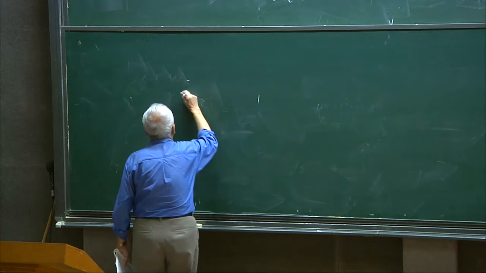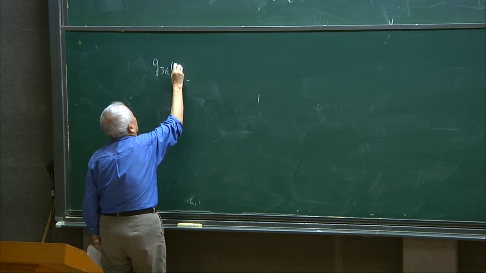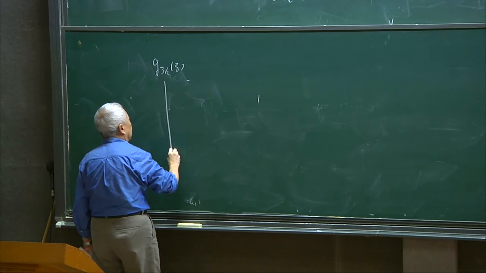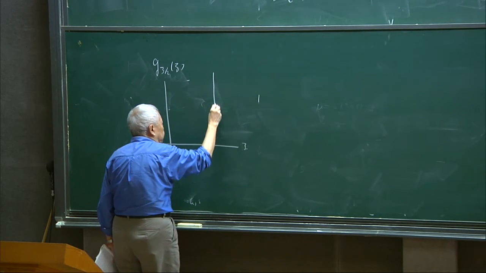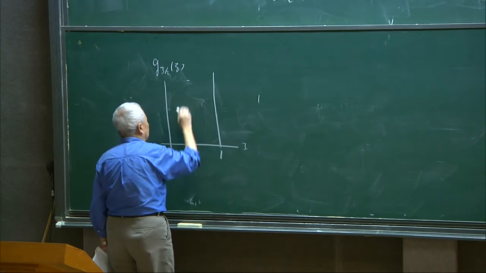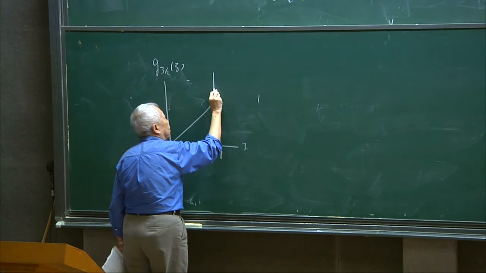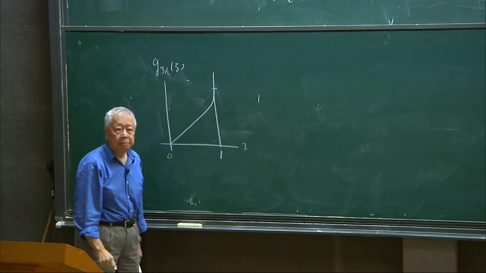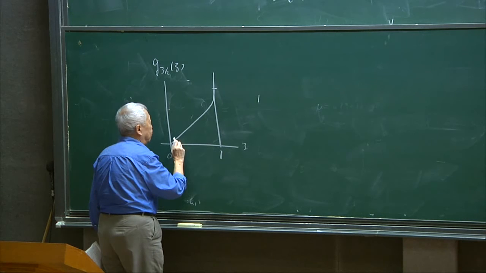So if I plot G 3/2 of Z, as long as I have Z, you cannot go beyond 1. It goes like this, and here it comes in a tangent and stops. Whereas F 3/2 just keeps going, right? F 3/2 goes like this.